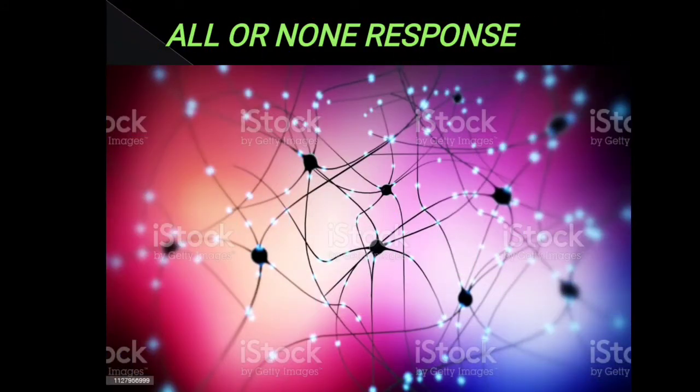Now next is the all or none response. What is the all or none response? Basically, when the drug binds with the receptor, either a full response is produced or no response is produced. What is the reason behind it? All of the nerves work as a union.